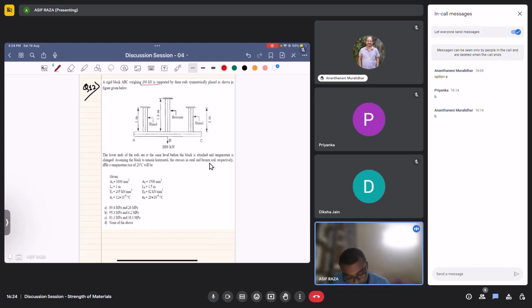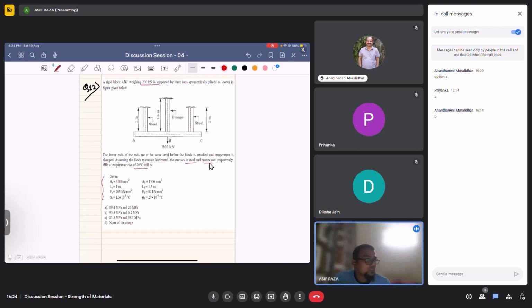Assuming the block to remain horizontal, the stresses in steel and bronze rod respectively after a temperature rise of 20 degrees Celsius will be, and these are the given data: area, length of the steel, Young's modulus of the steel, and coefficient of linear expansion for the steel as well as for bronze are given. We need to find the stresses in the steel and bronze rod.